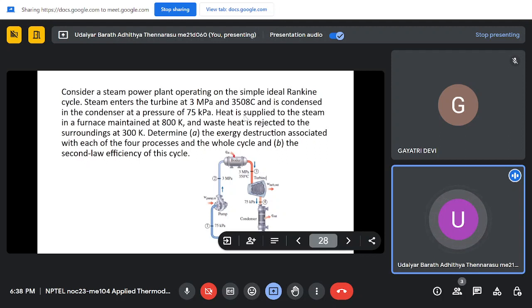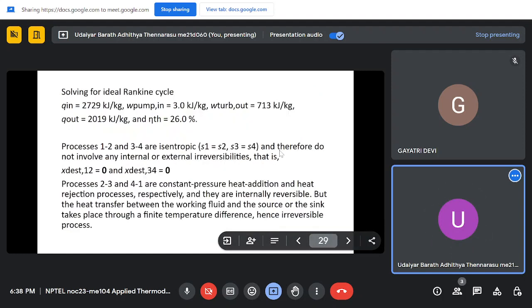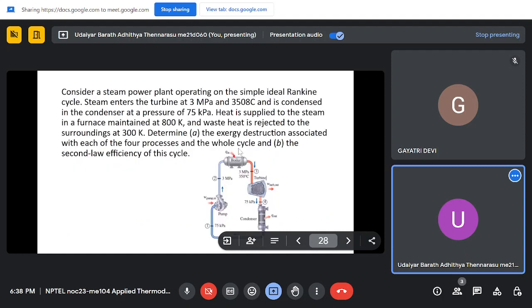Okay, so we'll see how to solve this. For our ideal Rankine cycle, the first part is simple. For the given conditions, we know the maximum temperature, and we can find the entropy at state 3. Since the expansion is isentropic, S3 will be equal to S4.